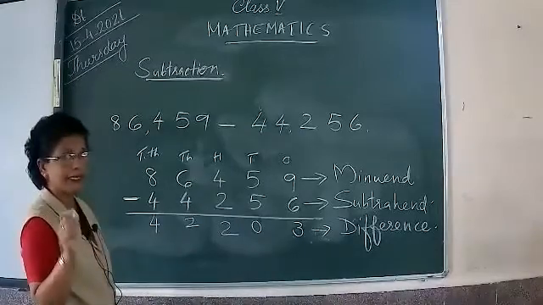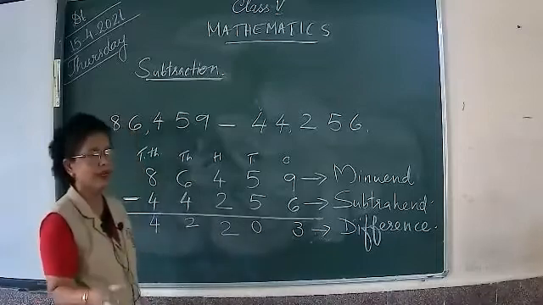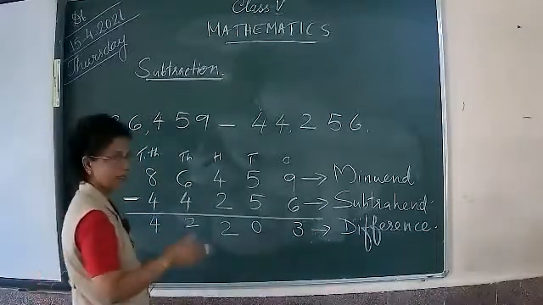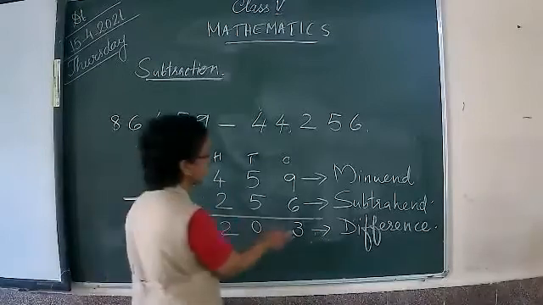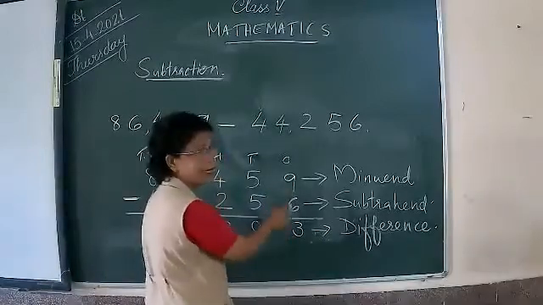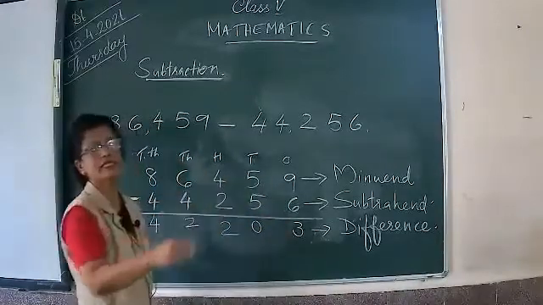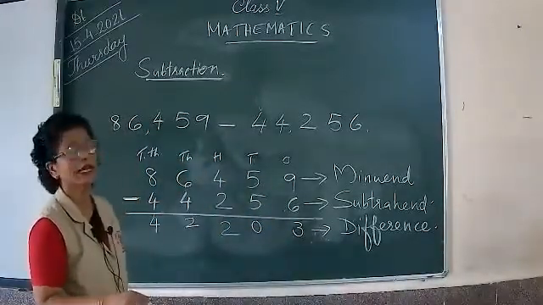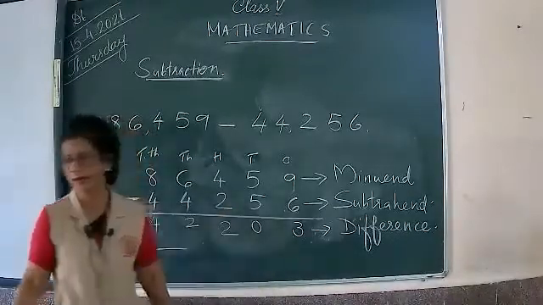Same digits you are writing there. And next thing is the place where you are putting the numbers. Understood? And after subtraction, you have to confirm that your answer is correct by checking like this. By adding these two numbers, you should get the first number. And make sure that your answer is correct. Okay, children? This you must copy down.